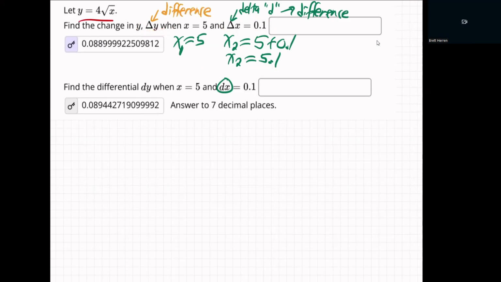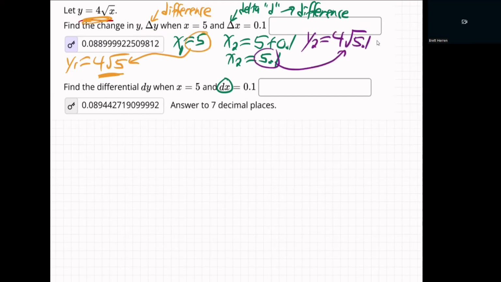What's the difference in y? Well, we could find that out. Here's y right up here. So y1 is going to be, plug into this function, 4 square root of 5 when you put in x1. Then y2 is the same function, this time plug in x2.